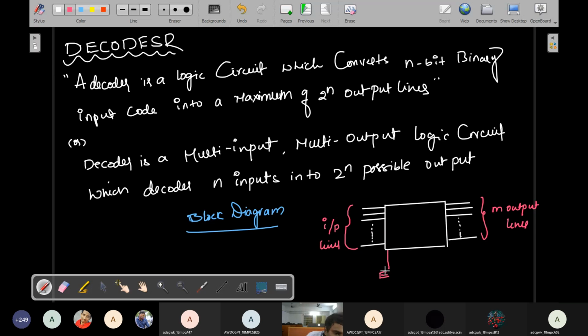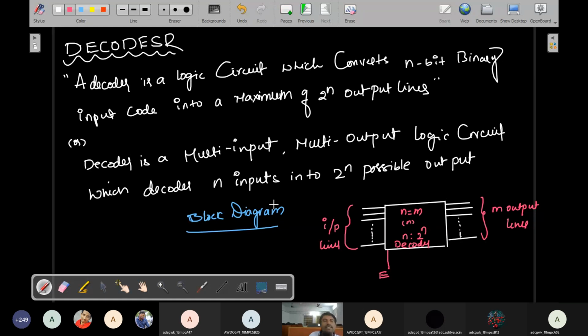Enable means active. When enable is high, only then is the decoder in the on condition. If enable is 0, it is in the off condition. So you can simply write this as an n to 2 power n decoder. This is the block diagram of decoders.